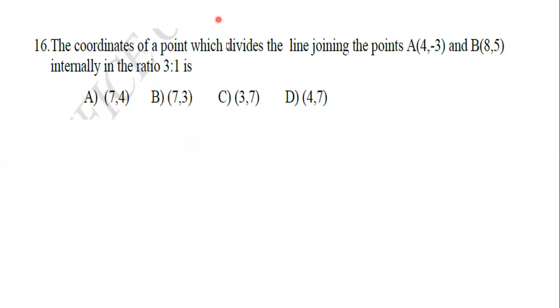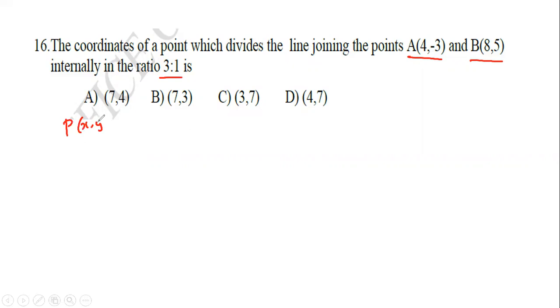16th question. Here, the coordinate of a point which divides the line joining the points A of 4, minus 3 and B of 8, 5 internally in the ratio 3:1. So we know the section formula. Section formula is, what is the formula?